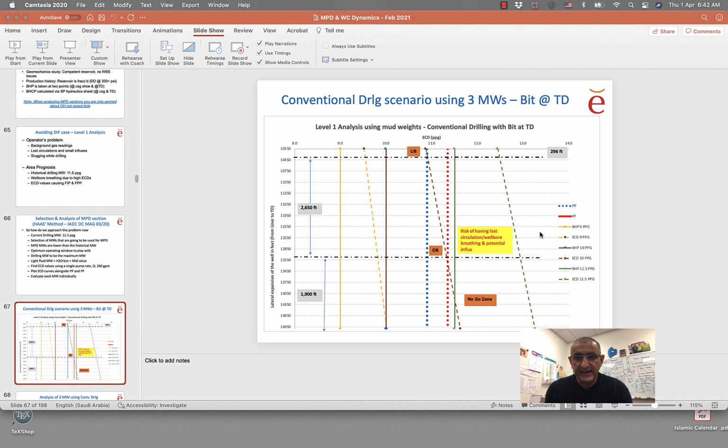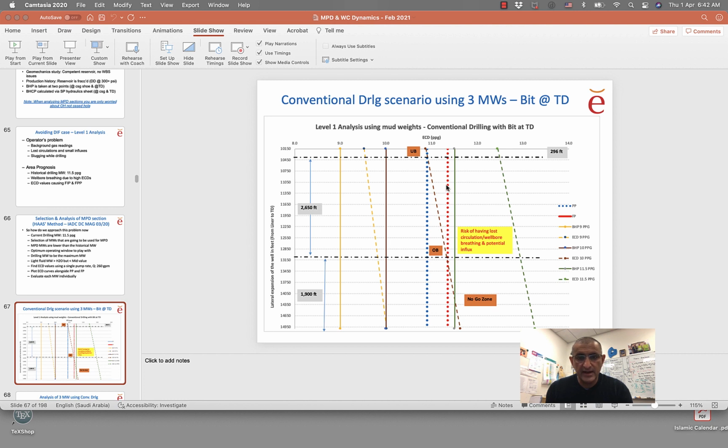Now, on any level 1 feasibility study or any level 1 analysis, you need to plot the two, where basically this is your fracture pressure and this blue dotted line here is the pore pressure. Now, if you notice, the window between the pore pressure and the fracture pressure was only roughly just below 200 psi.